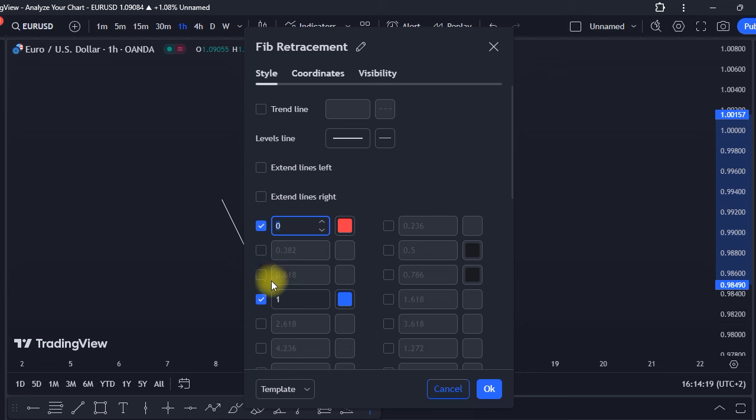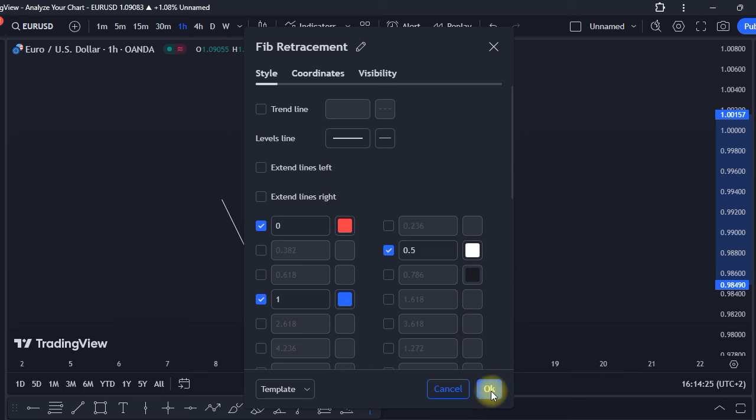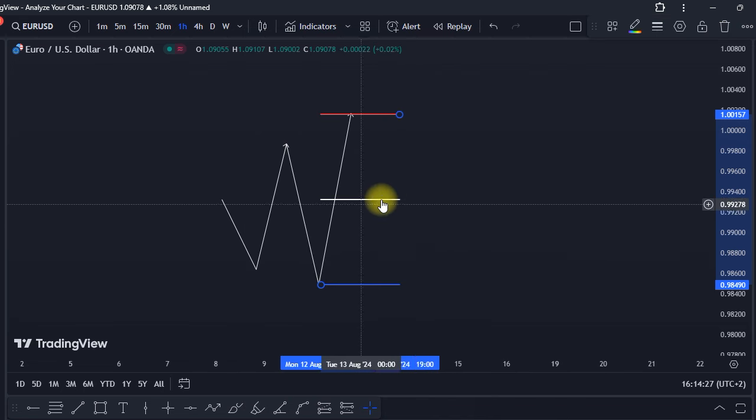Let's include the 50%. Here's the 50%. Let's change the color to white. Okay, now that is perfect. As you can see, this is the 50% of our range, and this is the low, this is the high. Now this is the liquidity sweep model that I'm talking about.